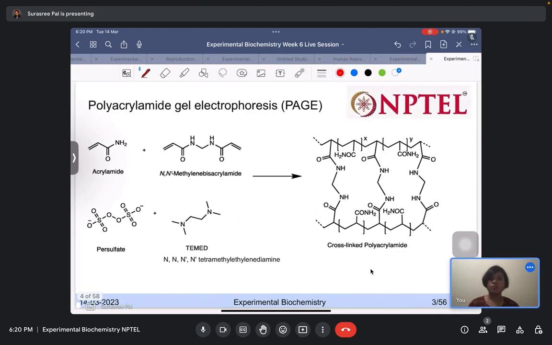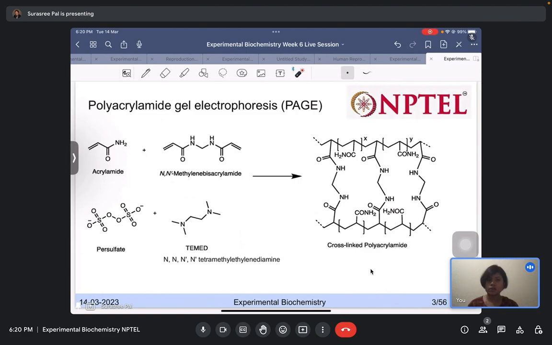Now coming to polyacrylamide gel electrophoresis. A polyacrylamide gel is composed of two molecules, acrylamide and bisacrylamide. So this is acrylamide and this is bisacrylamide.